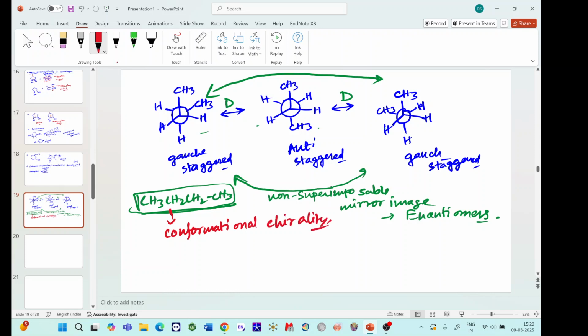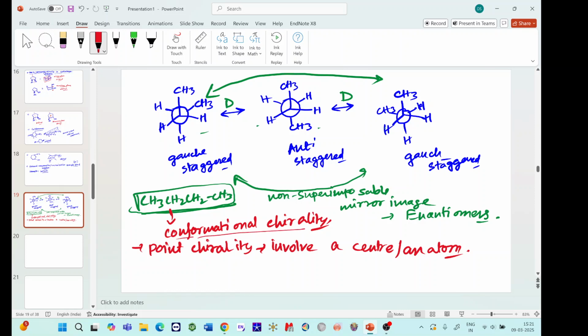So what we have learned till now is called point chirality, that involves a center or an atom based on which we decide the chirality.